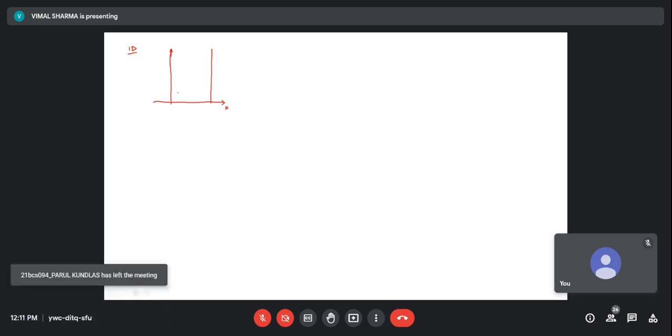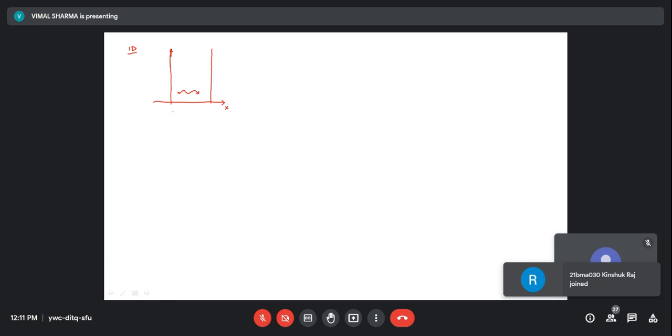So this is my particle, and it is confined to move within this box, and I'm showing it by this wave because this is a microscopic, subatomic particle. It has dual nature, both particle and wave characteristics.